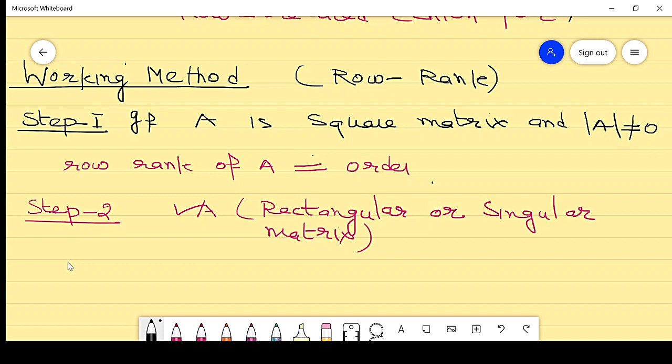Before going to those theorems, we will discuss some important questions to understand the definitions of linear independent, linear dependent and linear combination, row space and row rank, and similarly column space and column rank.